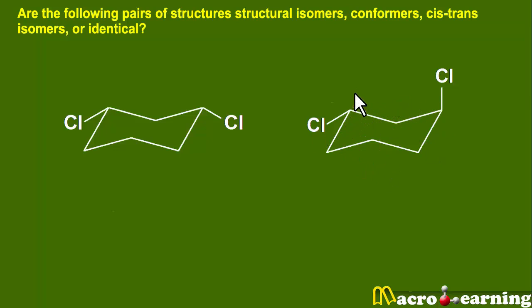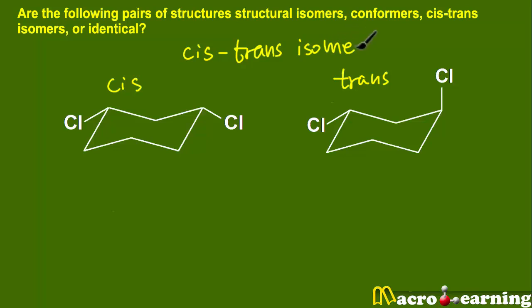So this is the trans isomer. This is the cis isomer. So the two of them are cis-trans isomers. Okay, and I don't think we need to draw the planar ring structure this time. I'm sure it's pretty obvious to you by now.